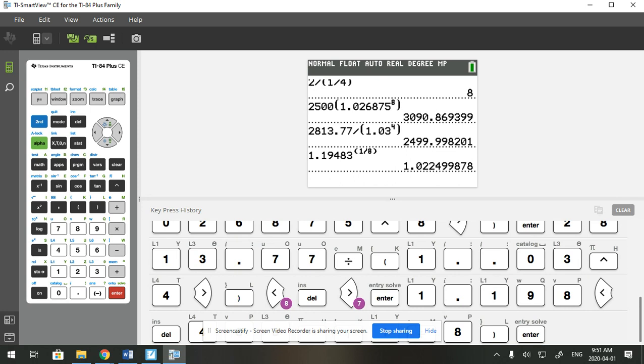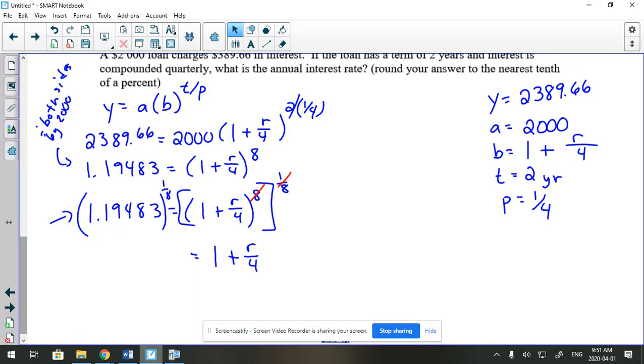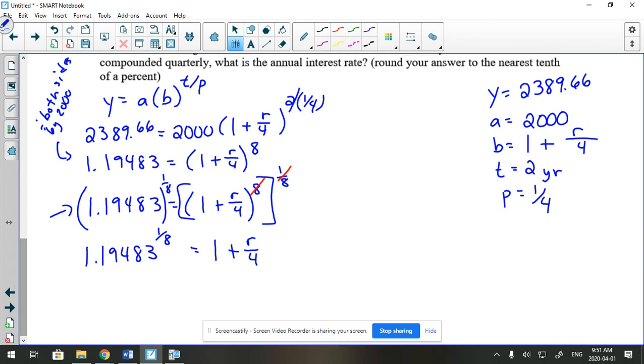Now, if you notice, those decimals go on forever. So you can either store your answer, or we can kind of keep going with our equation and not write it down yet, because I really don't want to round too far yet. So right now, I'm still going to write it this way, just so I remember, and I'm not going to round. Now let's keep isolating our r. So from here, I'm going to minus 1 from both sides.